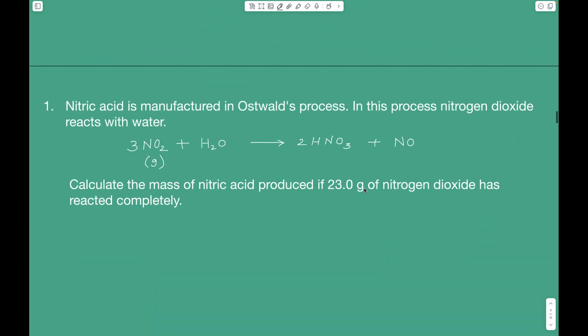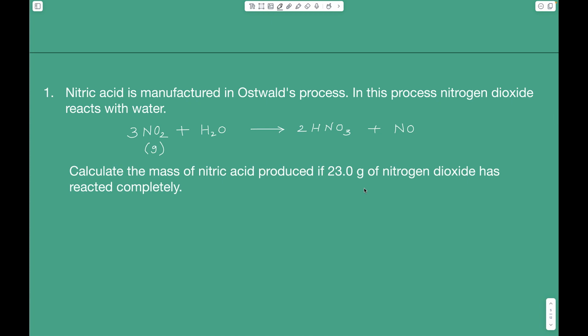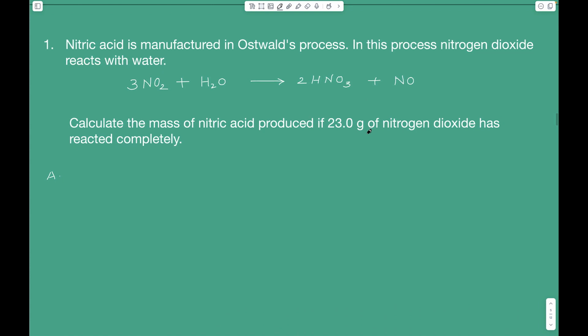Now let us work out some simple examples to end this video. Now what do we have here? Nitric acid is manufactured in Ostwald's process. In this process, nitrogen dioxide reacts with water, and we are given the balanced chemical equation for that reaction. That makes our life easier.